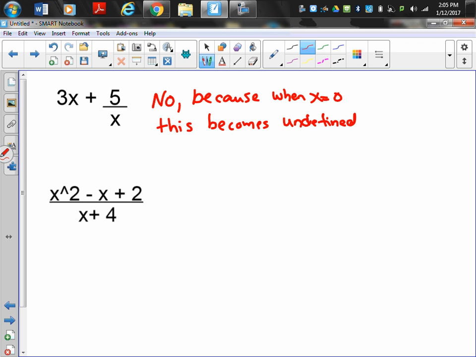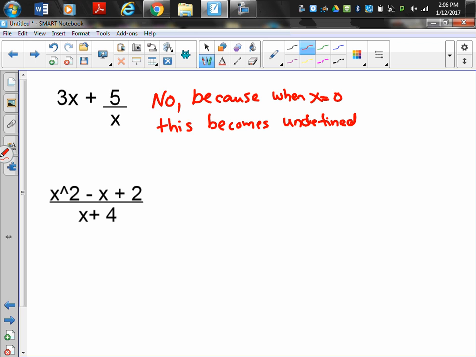X squared minus x plus 2 divided by x plus 4. Is this a polynomial? Mr. Cook, what do you think? You say if it ain't a polynomial, you can't have a negative exponent. Correct. Does it have a negative exponent? Nope.